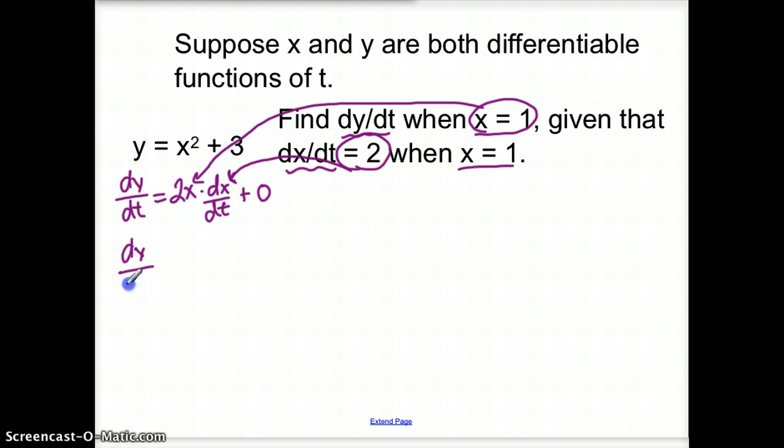And now we have taken the derivative, so we can plug in our numbers. So we have 2 times 1 times 2. So dy/dt, the rate of change of y with respect to time, is 4. And we'll usually have units on that.